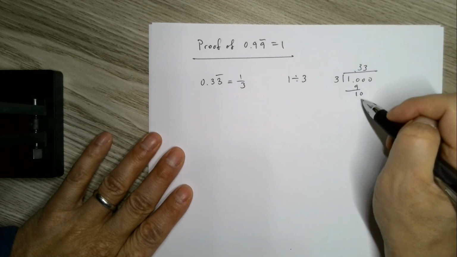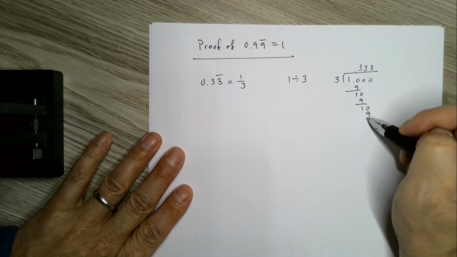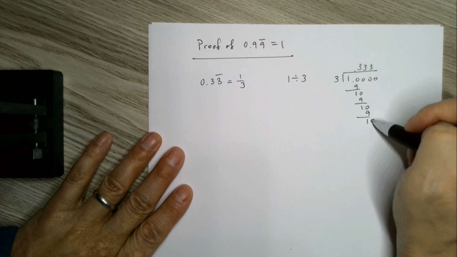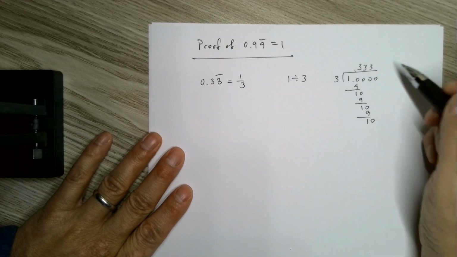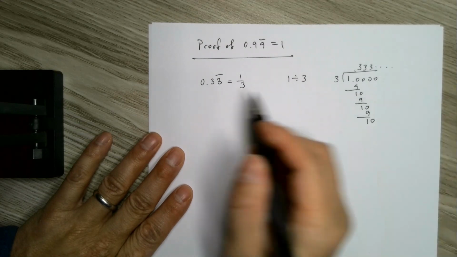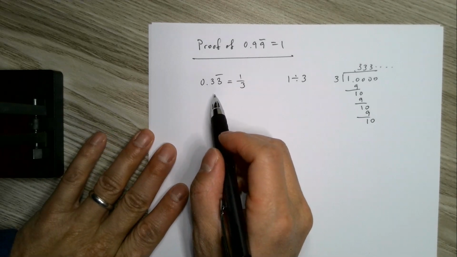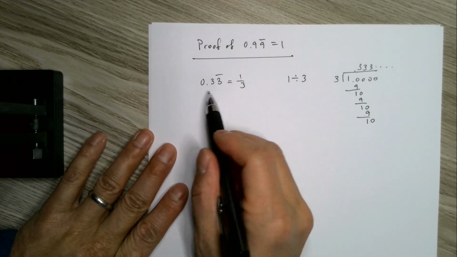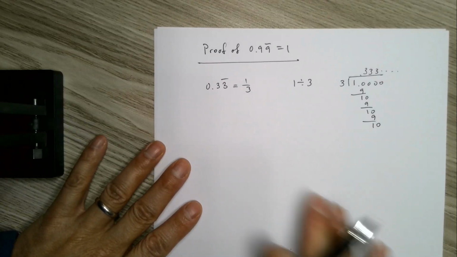And you see pretty quickly that you're just going to get a bunch of 3's after the decimal point, and that's why 1/3 equals 0.3 repeating. Okay, so if you accept that, then that's what the first proof's going to be based on, this equation.